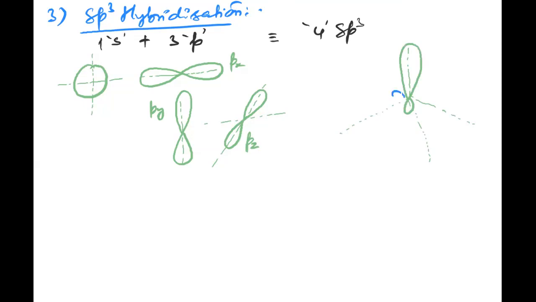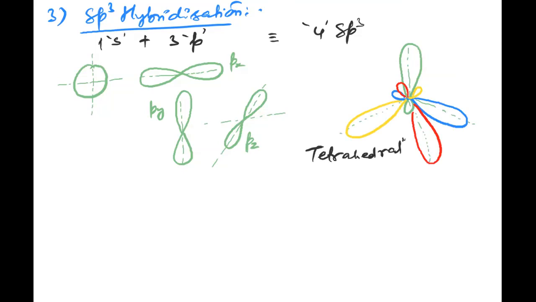Another hybrid orbital may be like this. Another hybrid orbital may be like this. And another hybrid orbital may be represented as this. So we have 4 sp3 hybrid orbital, and this geometry is tetrahedral. This geometry is going to be tetrahedral geometry.